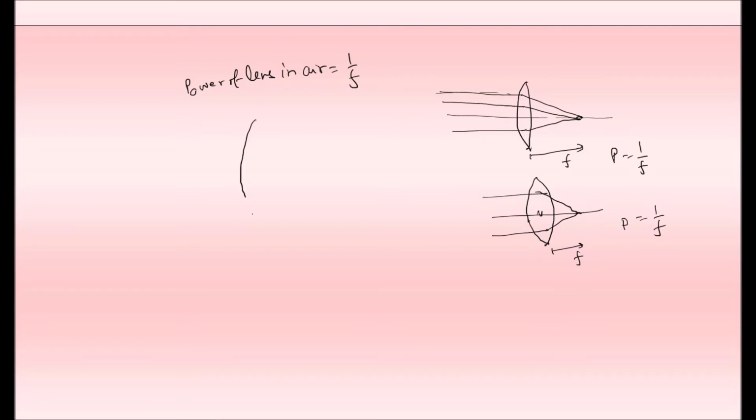So consider this is a refracting surface having one side the refractive index mu2, and this side the refractive index mu1. The radius of this spherical surface is r1. Then the surface power is defined as P1 is equal to mu2 minus mu1 divided by r1. That is, the lens surface power can be found by using its index of refraction and the radius of curvature.